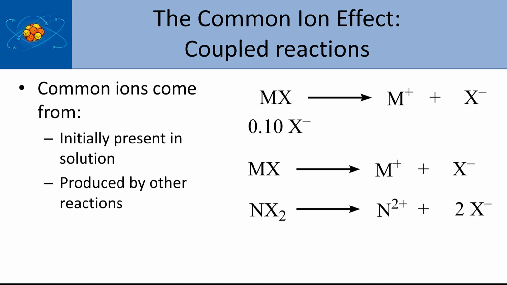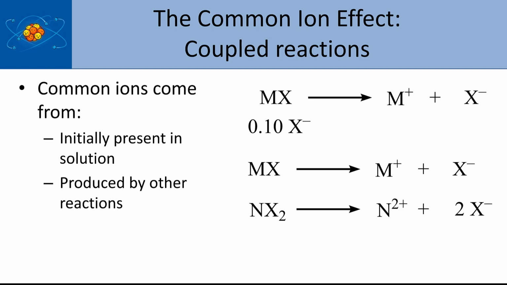We're going to talk a little bit about the common ion effect. I know I've probably mentioned it a couple of times in the context of laboratories, but really a common ion is any ion that is in the solution or can be presented in the solution that's in common with the ions produced by the reaction you're studying.